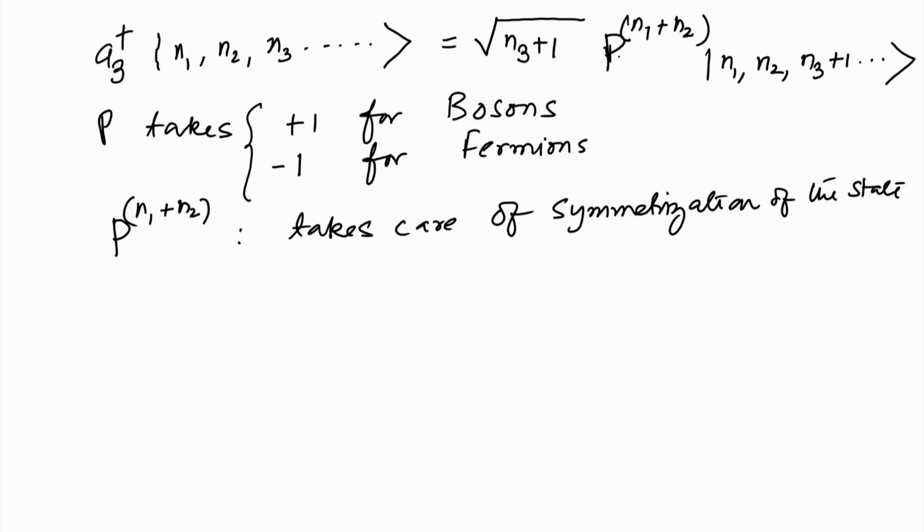However, if n_1 plus n_2 is equal to 0, then we have a symmetric state, or n_1 plus n_2 equal to 2, we have a symmetric state. And so, this is how in this Fock basis the symmetrization of the many particle state is encoded, and it is very elegantly done in the second quantized formalism. You will get more glimpse of it as we go along.